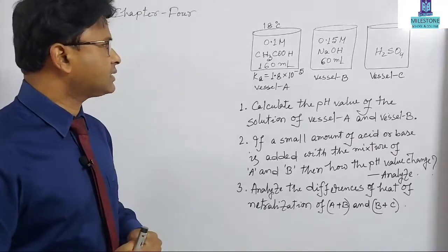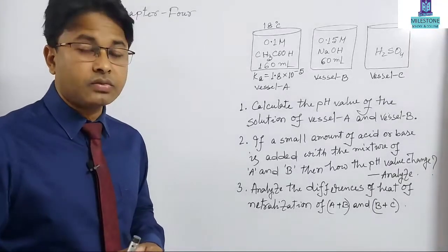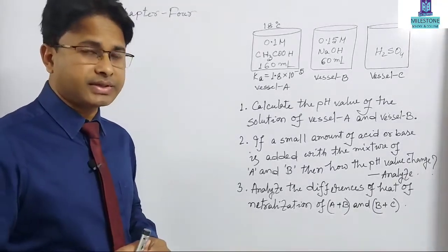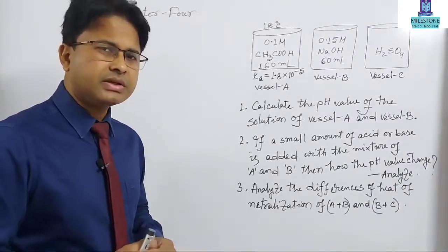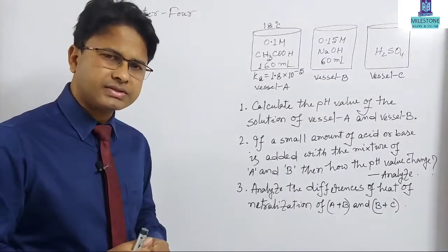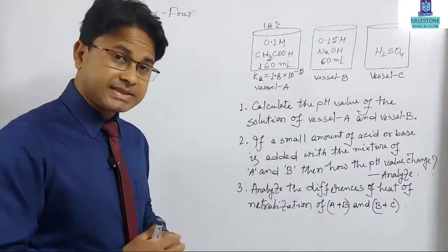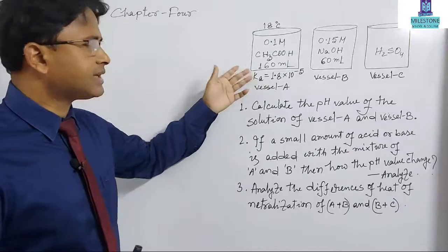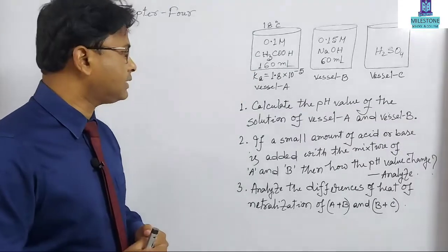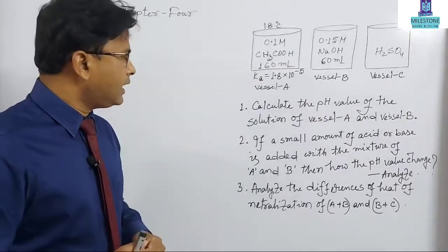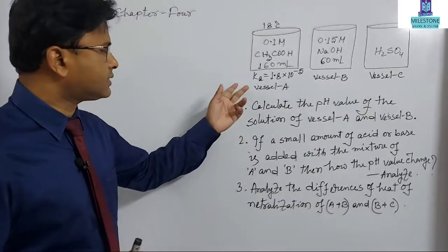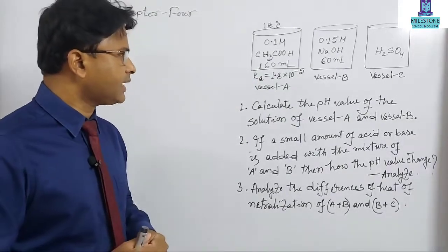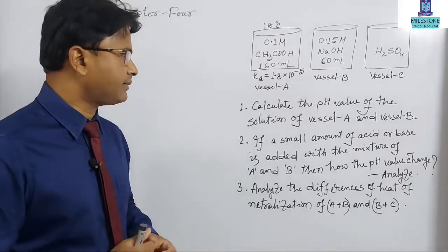Basil A contains 0.1 molar ethanoic acid. You know that ethanoic acid is also known as acetic acid, and the volume of acetic acid is 160 ml, and the dissociation constant of the acid is 1.8 into 10 to the power minus 5.